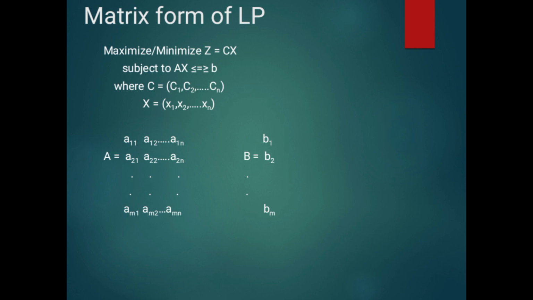To convert the equation form into the matrix form, the given question is maximize or minimize z equal to cx subject to the constraints ax less than or equal to b, or greater than or equal to b, or equal to b, where c equals c1, c2, etc., cn and x equals x1, x2, etc., xn, and A is the matrix of given coefficients of the variables: a11, a12, a13, etc., a1n. Similarly, a21, a22, a23, etc., a2n, and also amn.